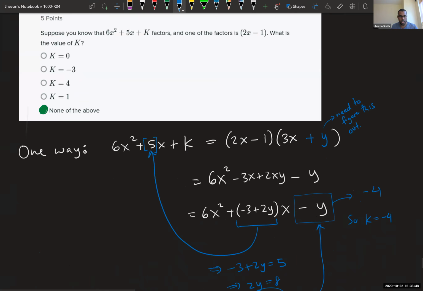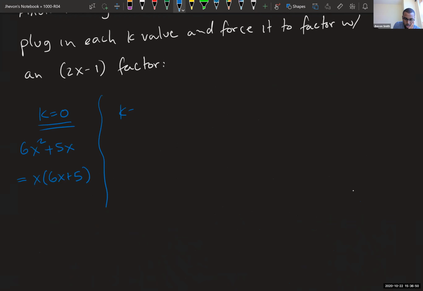Probably k equals minus 3. So if I plug in k equals minus 3, I would have 6x squared plus 5x minus 3. If I force that to be 2x minus 1 times something, then this would have to be 3x plus 1.